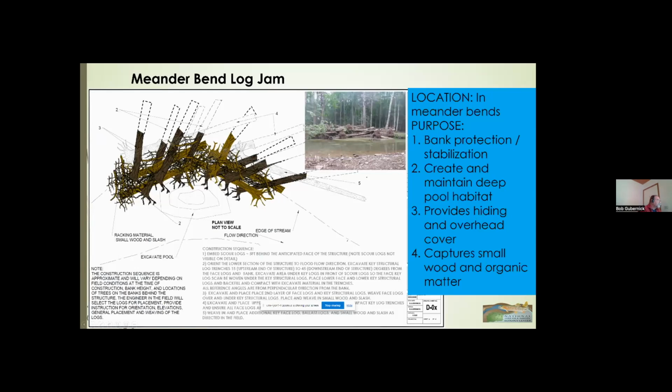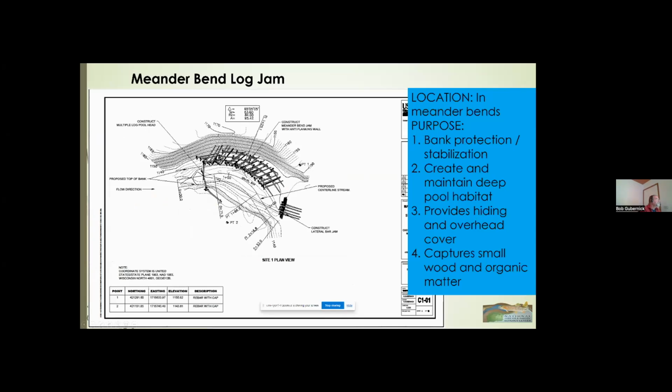So you need to have good scour protection through there. They can be configured in numerous different ways. Here you see a plan view of a project that I did in Wisconsin. Essentially, I used whole trees, lattice worked them all together, and then used some of the bank materials when we laid the bank back to fill in some of the void space in there.